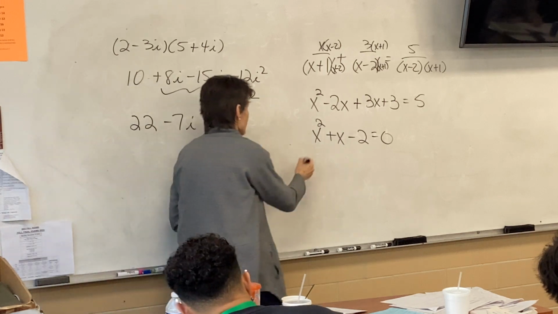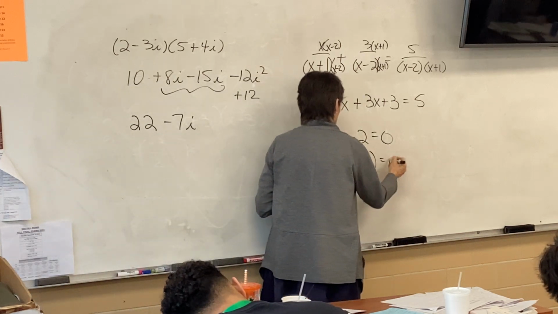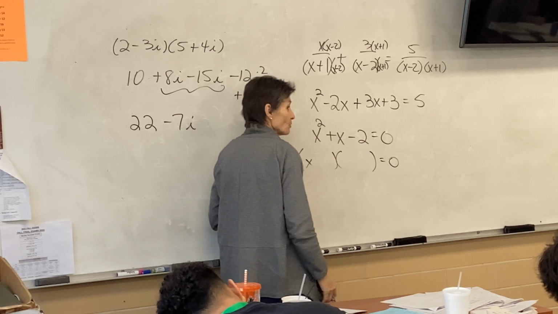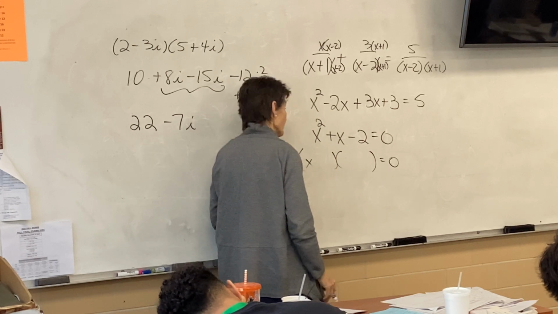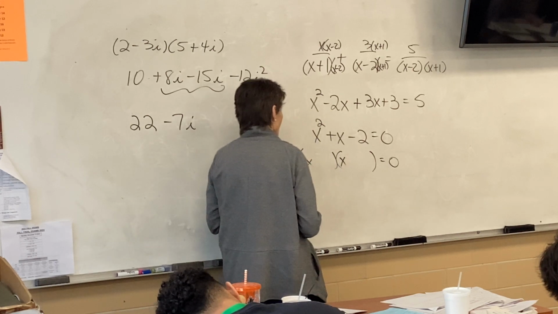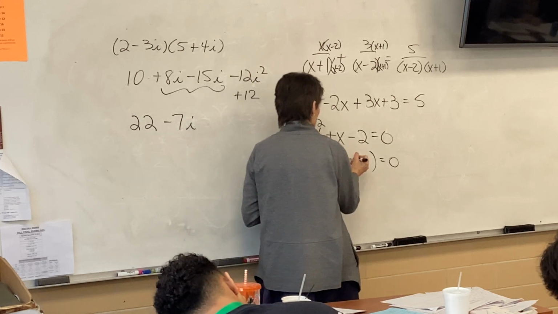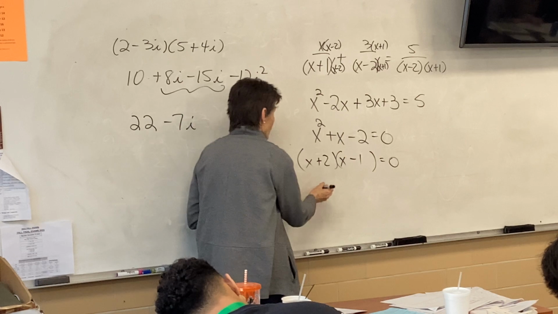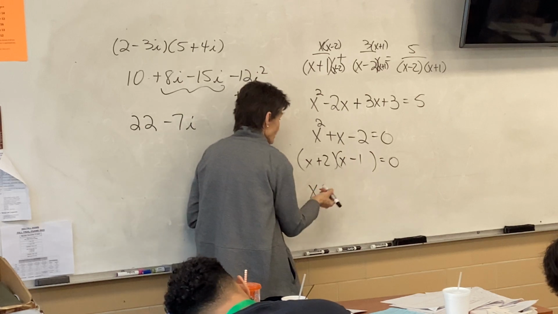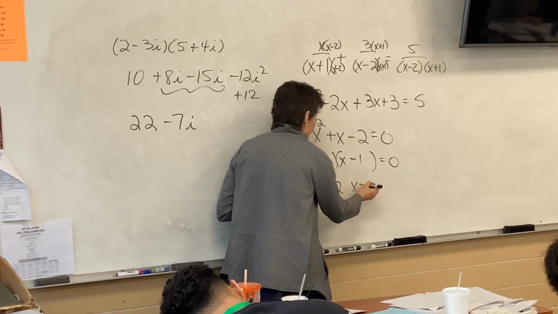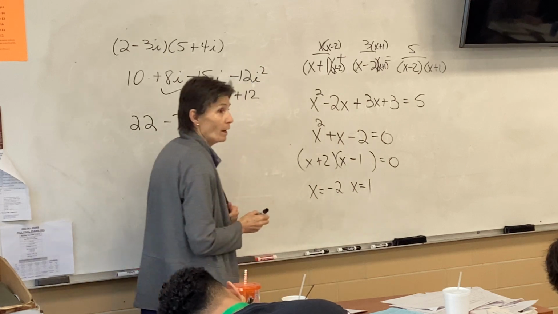Factor it. Of course, if it didn't factor, I could always use the quadratic formula. What are the factors? x plus 2, x minus 1. So my answers are x equals negative 2 or 1.